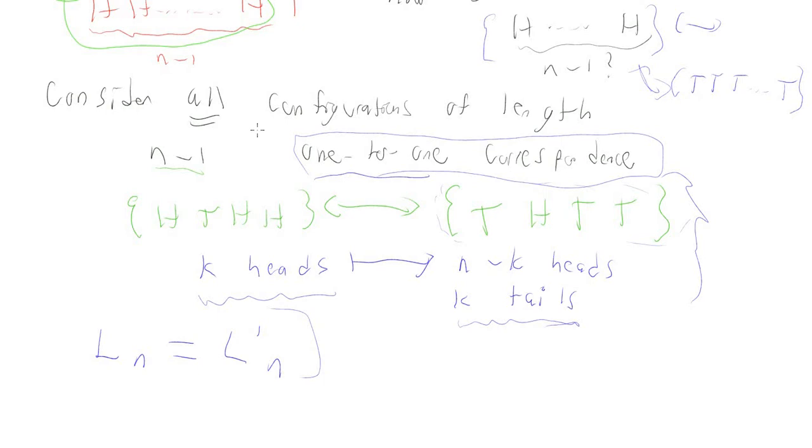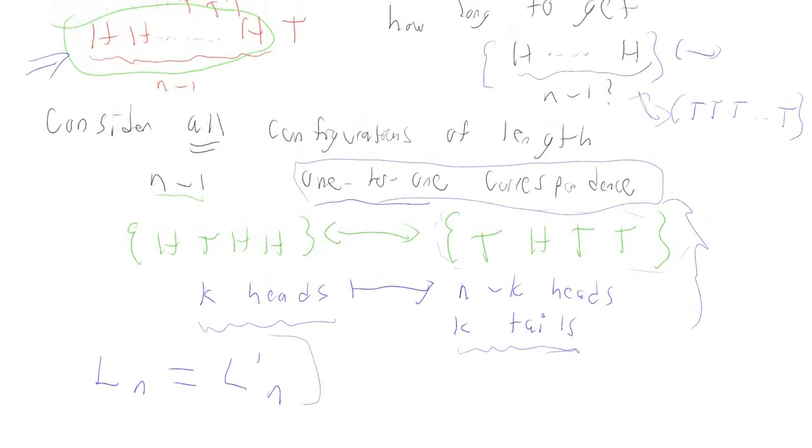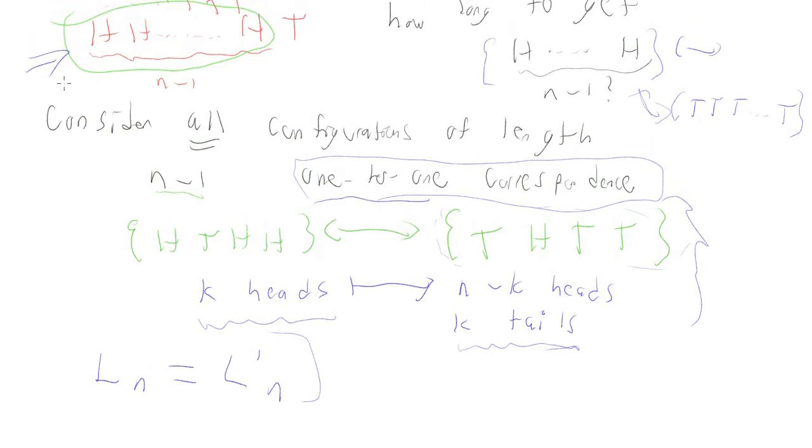Essentially, this is saying that to reach this stage of n-1 heads takes precisely, on average, L of n minus 1.